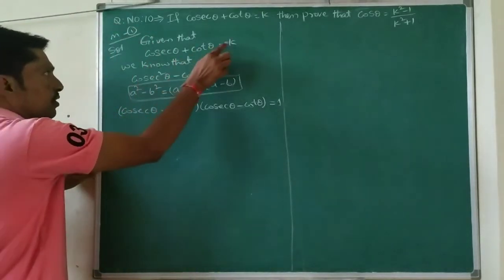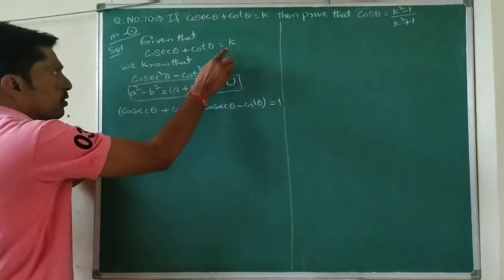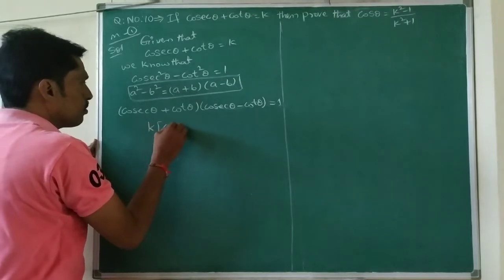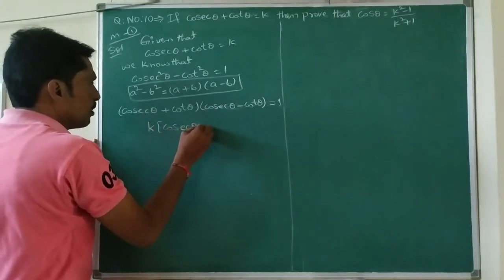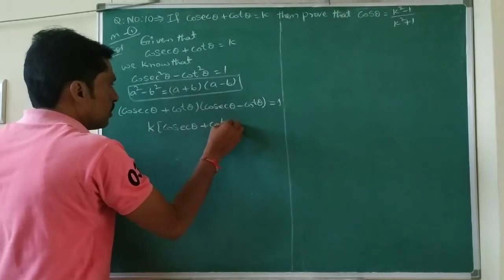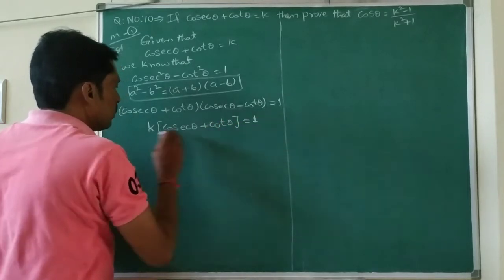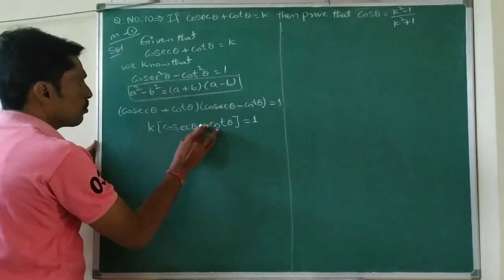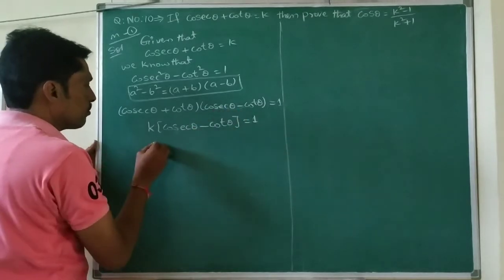So here cosec theta plus cot theta value we can take k. So k times (cosec theta minus cot theta) equals 1. This k you can transpose to the right.